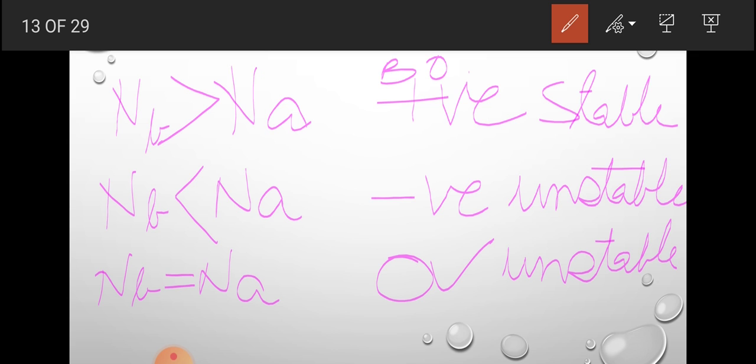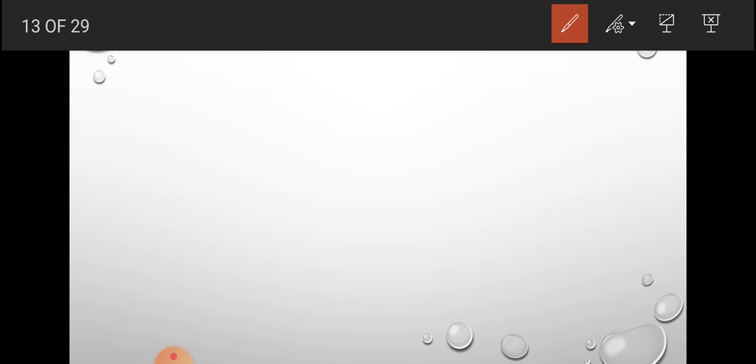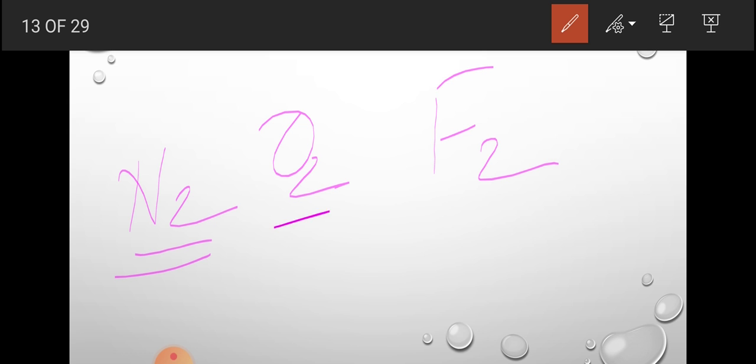And in case of homodiatomic molecules, I am talking about nitrogen, oxygen, fluorine, the bond order is equal to the number of covalent bonds formed.